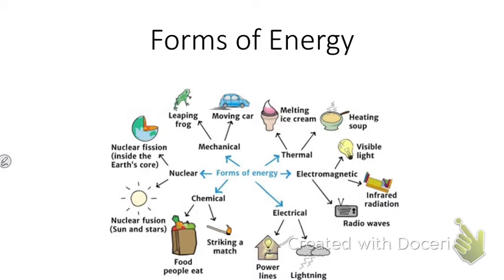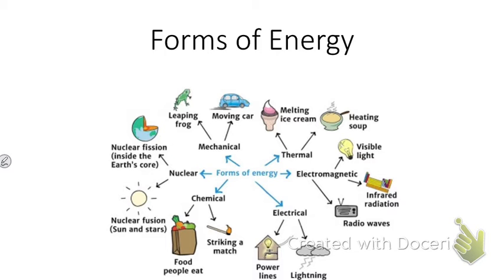We have electromagnetic energy. So that is energy that allows us to use our cell phones, right? Our cell phones are broadcasting radio waves, which are interacting with the cellular towers. So there's interactions of information there.